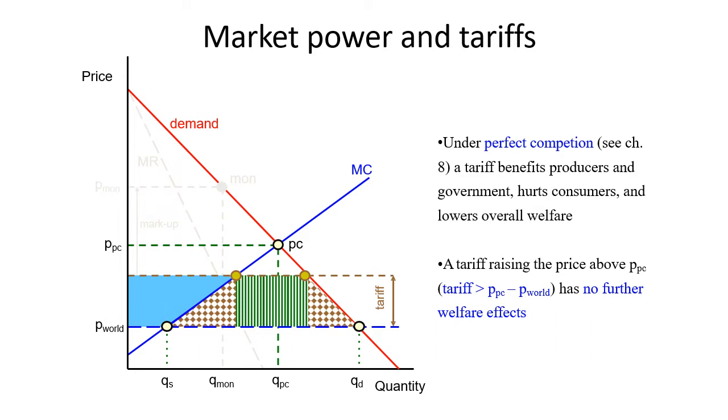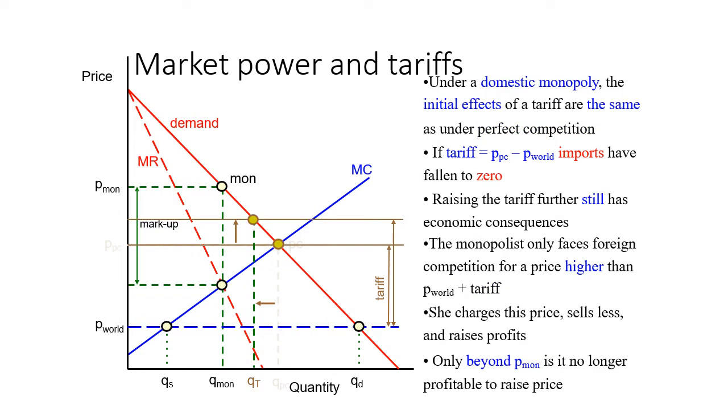What happens now if we introduce free trade? If we have a world price? Now, the one thing you need to understand, when there's a world price in place, every firm needs to price at that world price. If they set their price higher, what happens?